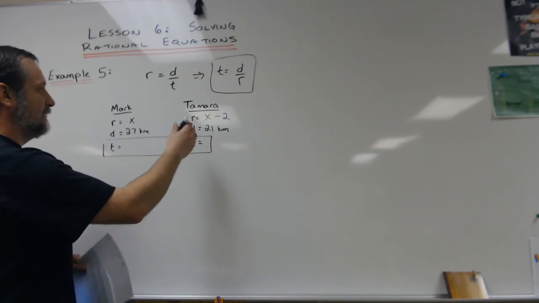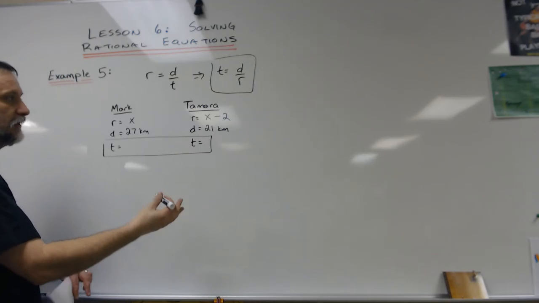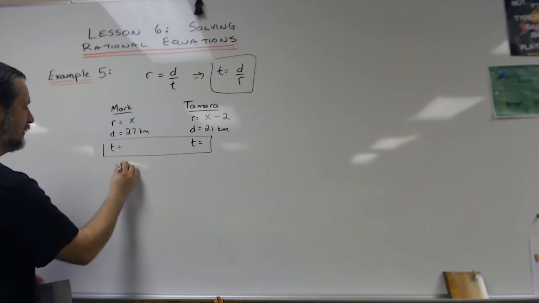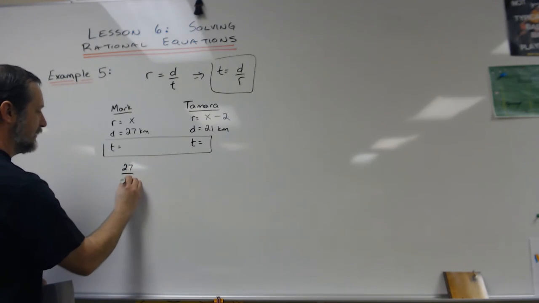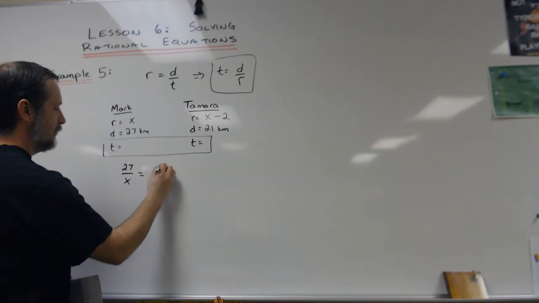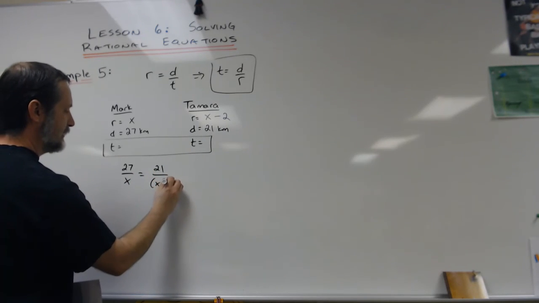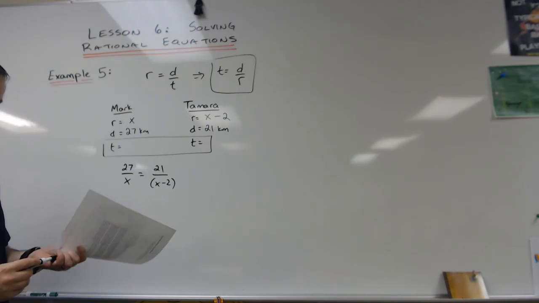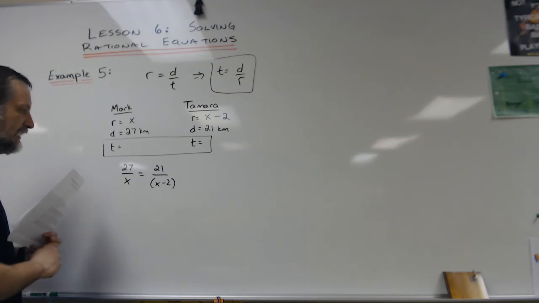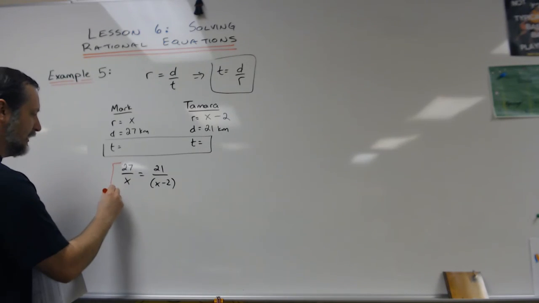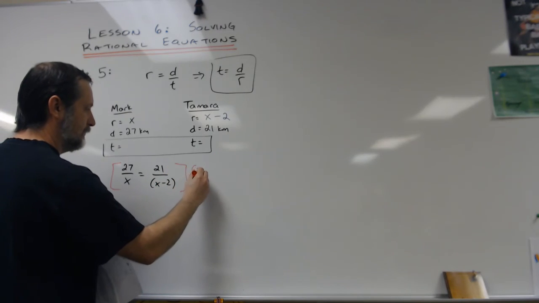So we're going to say Mark's distance over rate is going to be equal to Tamara's distance over rate. So 27 over x is going to equal 21 over x minus 2. Similar setup with that. Common denominator, x times x minus 2.